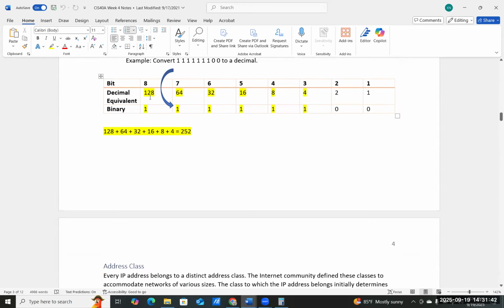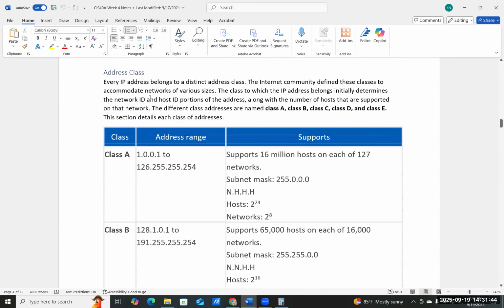Okay. Let's talk about classes, right? I touched on this a little bit earlier. So when you're looking at an IP address, for example this IP address, it's really important that you look at the first octet.